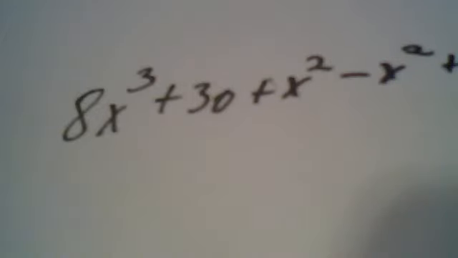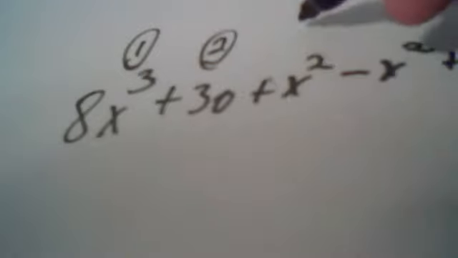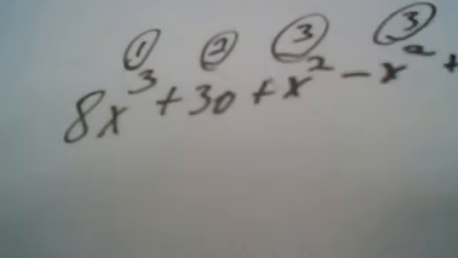Alright, let's do what we've been doing. This is our first card. That's our second card. x squared and x squared are the same, so they're both going in the third stack. And 5 is part of card stack number 2.